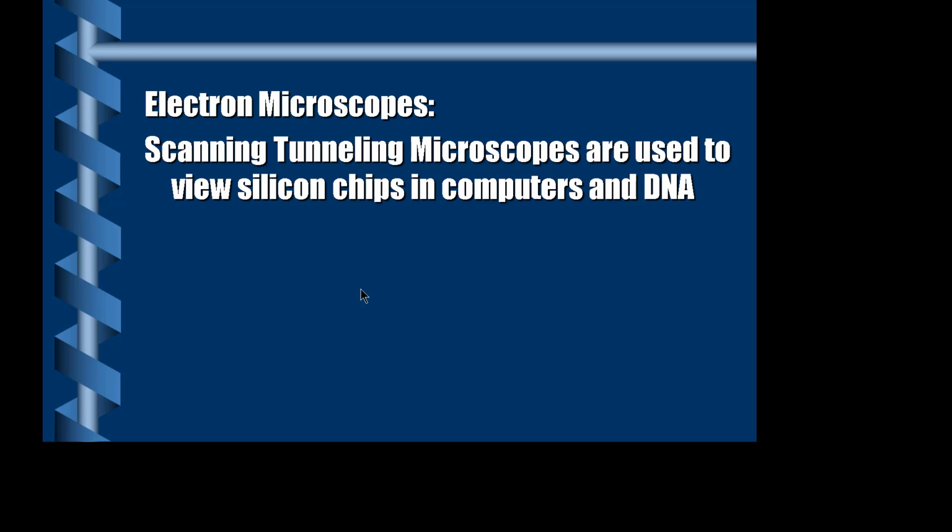The scanning tunneling microscope is used, from our point of view, to actually examine DNA. It can also be used in a lot of different things, but also to examine the silicon chips in the computer's motherboards. So they can actually do repairs to something that's not even visible.